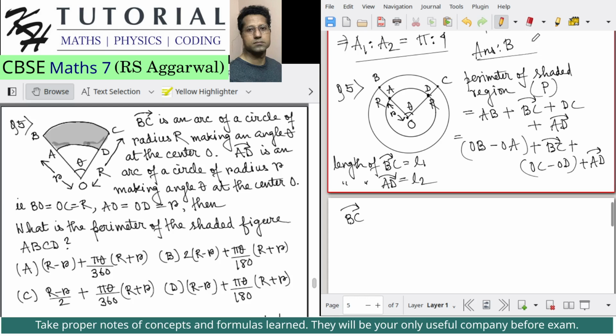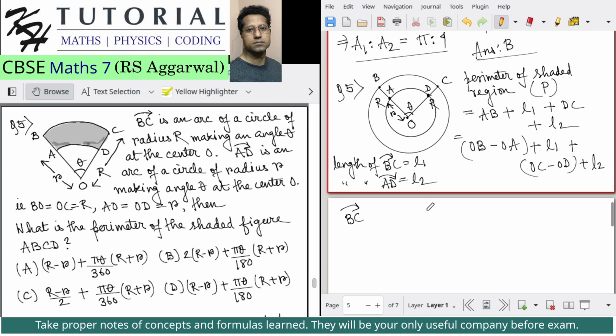Then perimeter of the shaded region should be equal to AB plus the length of arc BC, which is L1, and DC plus the length of the arc AD, which is L2.